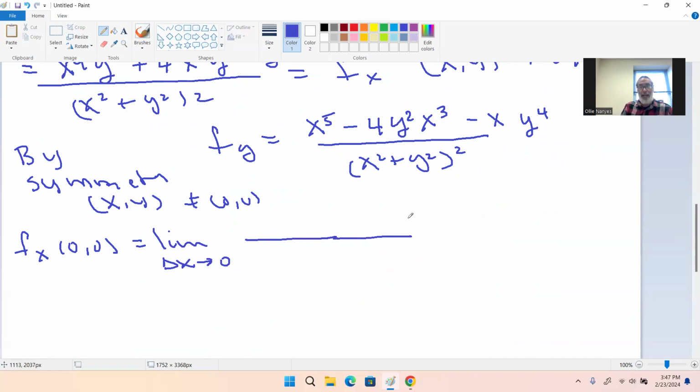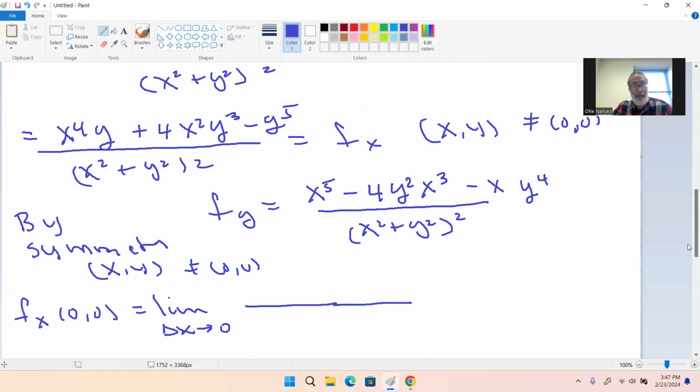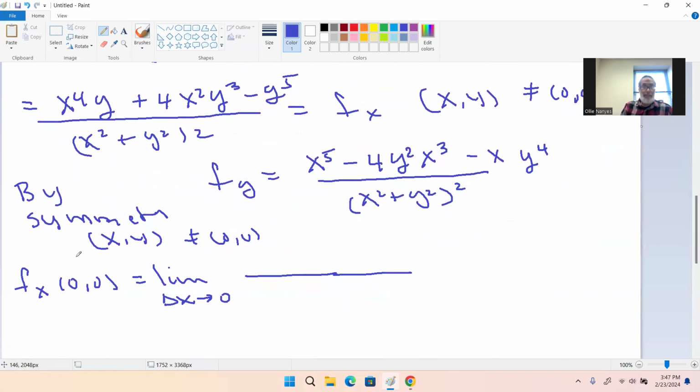And let's keep in mind, f of 0, 0 is defined to be 0 right here. So we'll just keep that in mind. But this is going to be f of 0 plus change in x, 0 minus f of 0, 0 over delta x.